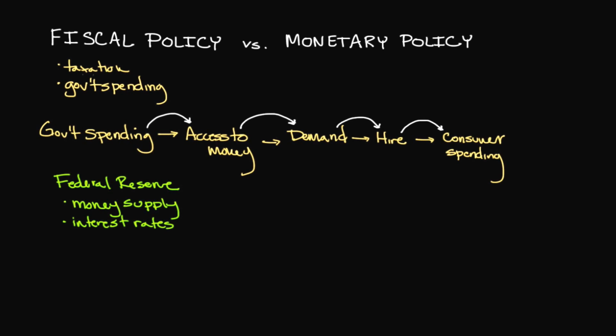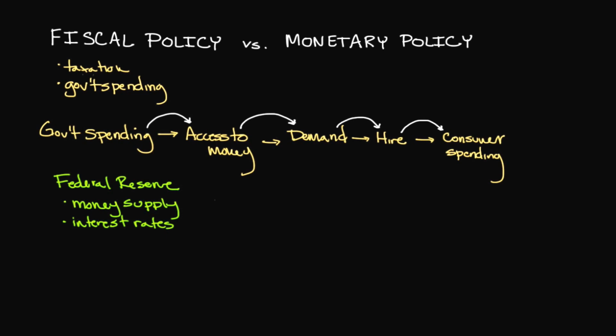And the Federal Reserve can manipulate these, and that sounds like a negative term, but really alter them in a way to either help increase the likelihood of consumers having access to money and spending, or if the economy is growing too quickly, they can choose to kind of reel it in a little bit. And so if they're worried about inflation, there are things that they can do.